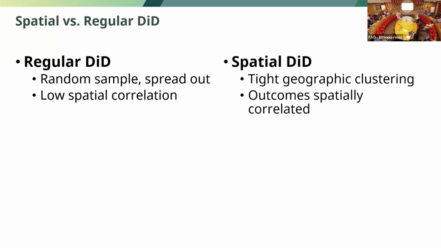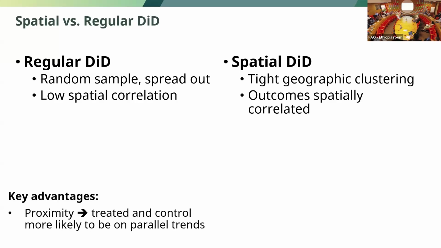Whereas with a spatial DID, oftentimes you have enough geographic clustering in your observations such that you will have to worry about spatial dependence between observations, right? And so when you're using satellite data, for example, your pixels by construction are right next to each other, right? And not only is the outcome spatially correlated, but sometimes your treatment is going to be spatially correlated as well. And so that creates issues in a number of ways.